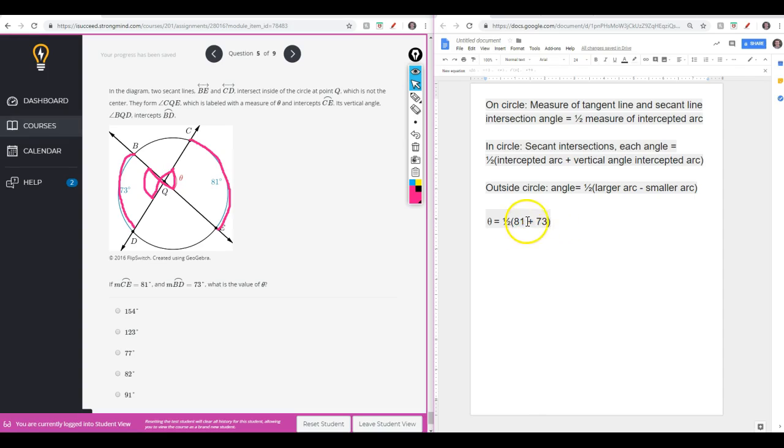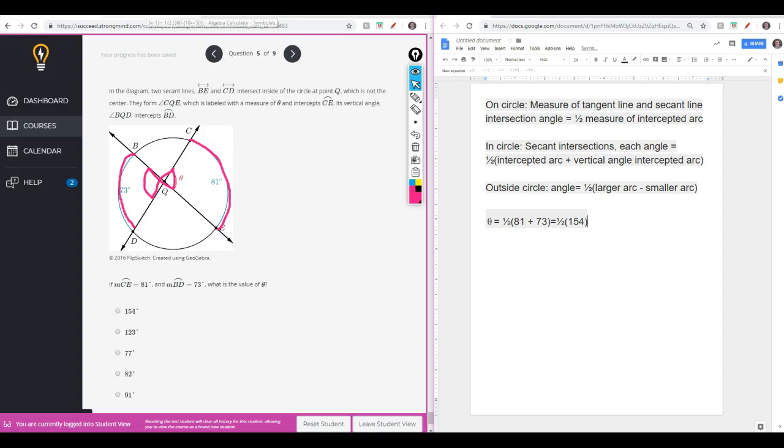I'm thinking in my head 1 plus 3 is 4, and I am also thinking that 8 plus 7 is 15, so that's 154.